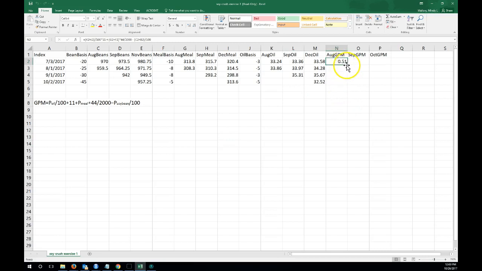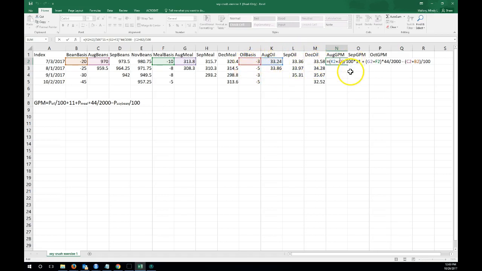We could almost be able to just drag this formula across to get September and October, and we would be happy that this value would copy over to September for our September GPM. Same for this August going to Sep, and the August beans going to Sep. But we want these basis values to stay the same because we're going to use these expectations for basis for all of these things.